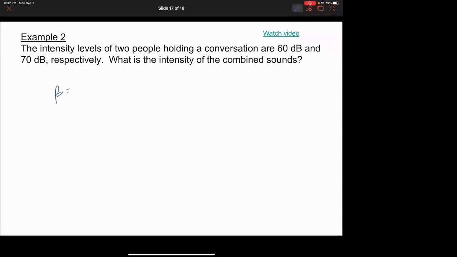So beta 1 is 60 decibels. Beta 2, 70 decibels. So we want to find the intensity. That's not the right formula.